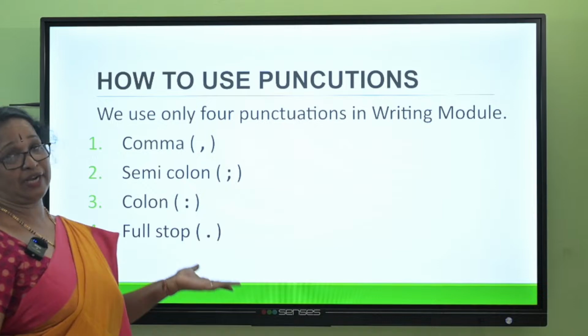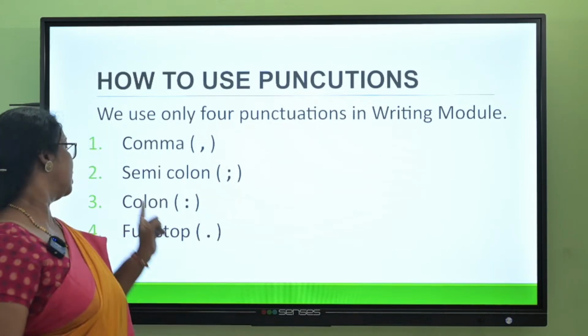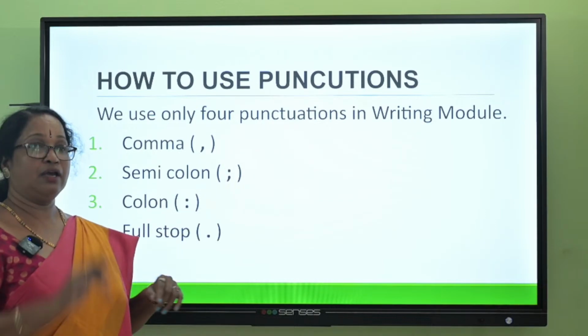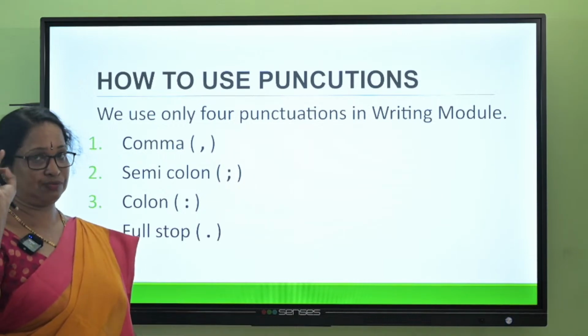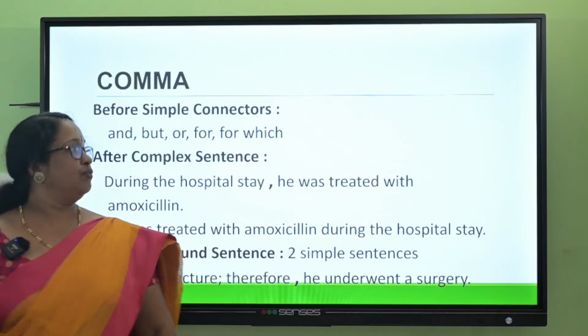Whenever you end a sentence with a full stop, we can keep it aside. Coming to colon, where will we use it? For a reference we put a colon. If you want to write date of birth, we put a colon.